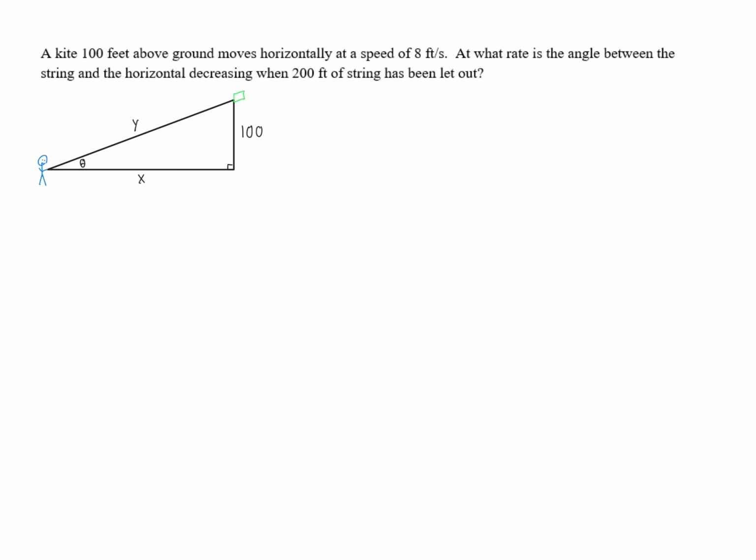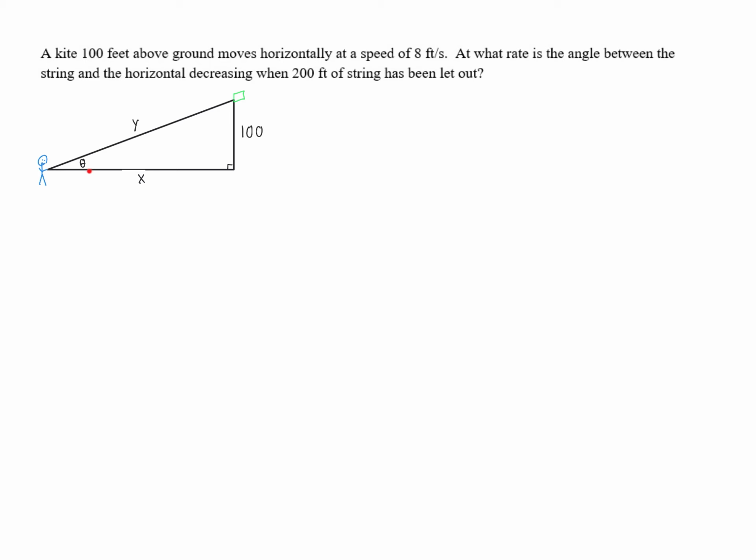And so we want to know the relationship between theta and, let's see, we know that it's moving horizontally at a speed of 8 feet per second. So we know the rate of change of x, and we want the rate of change of theta. So we need a relationship for x and theta. We don't want to include y, because then we would also need the rate of change of y.